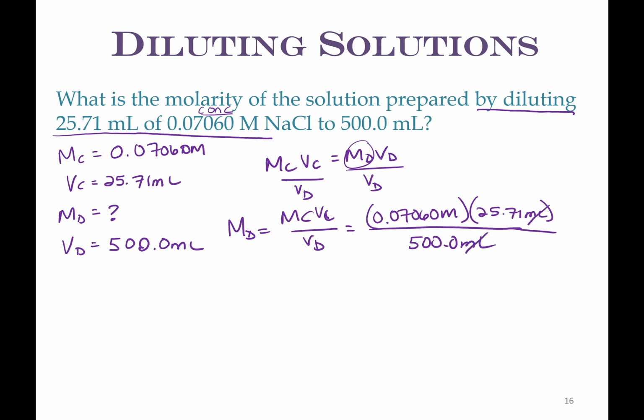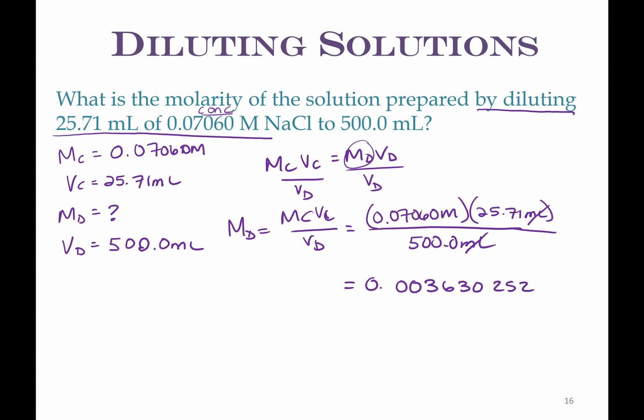Milliliters cancel. So 0.07060 times 25.71 divided by 500 is 0.003630252.